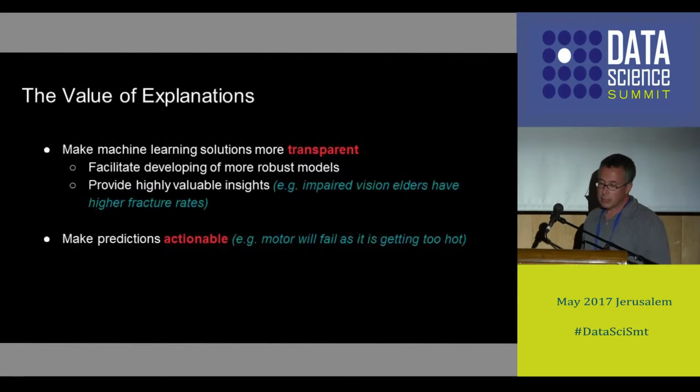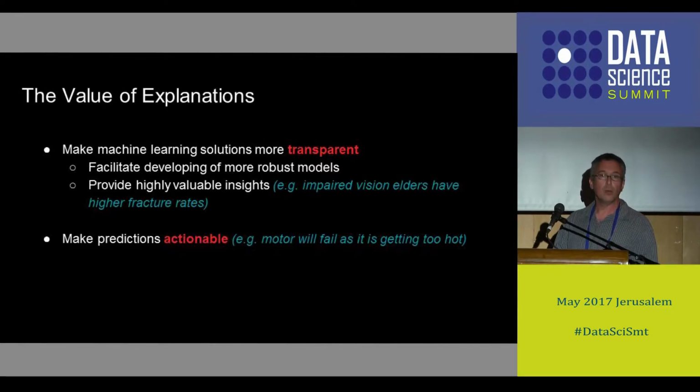So the techniques that I'm going to discuss today, called explanation techniques, aim to make machine learning solutions much more transparent. And this transparency is going to help us to debug machine learning, so to speak, to develop models which are more robust in practice, in production. In addition, in many projects, such techniques will provide highly valuable insights.